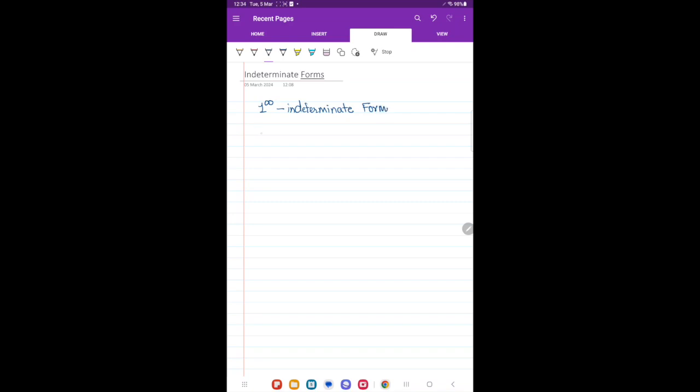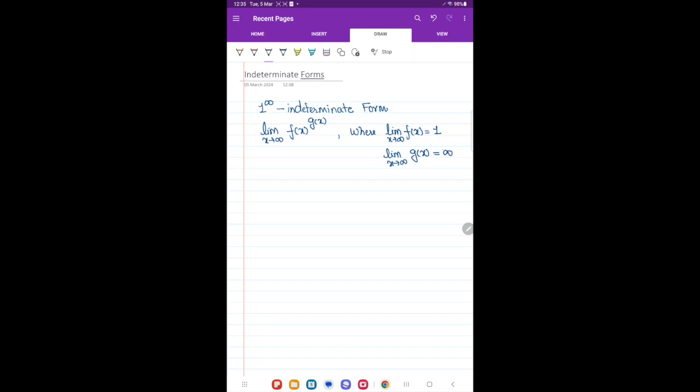So let's consider this limit: limit x tends to infinity, f of x raised to power g of x, where I know that limit x tends to infinity, f of x is 1, and limit x tends to infinity, g of x is infinity. So basically we are getting 1 raised to power infinity, and that is an indeterminate form.